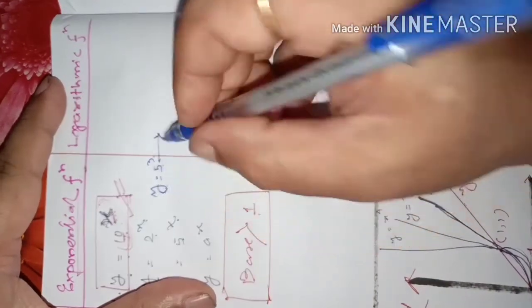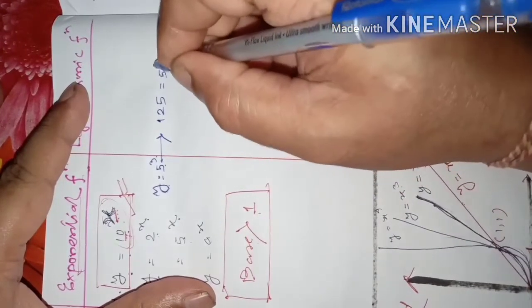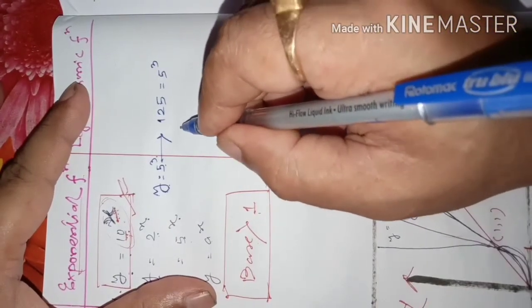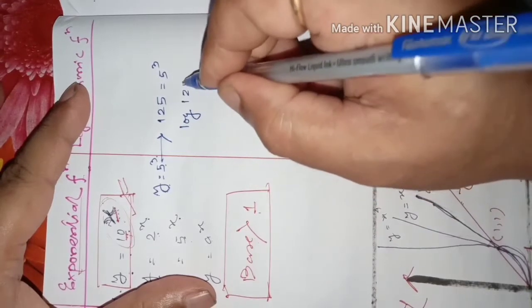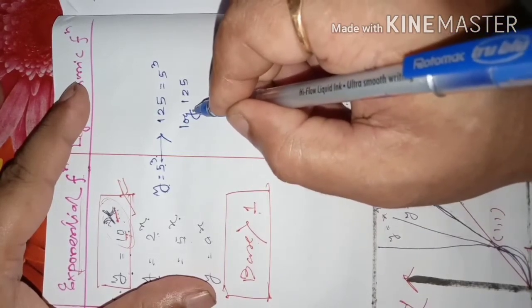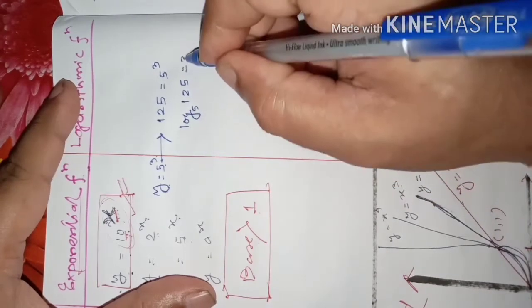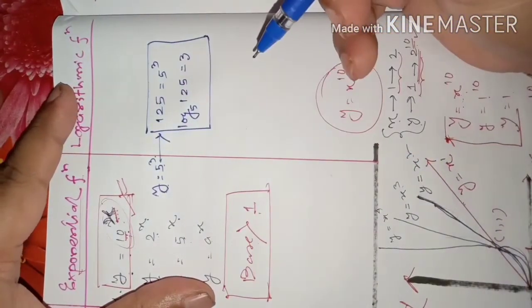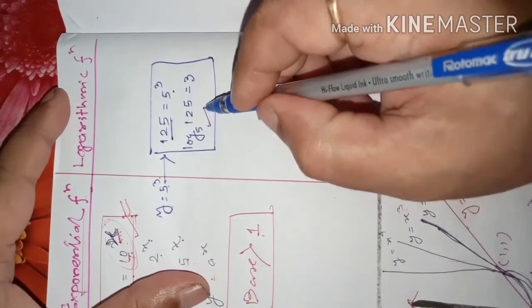Actually y is what? 125. 125 is equal to 5 to the power of 3. Its equivalent expression is like this. We call it log to the base 5 of 125 is equal to 3. Both these statements are equivalent. Any exponential form of a number can also be written like this.